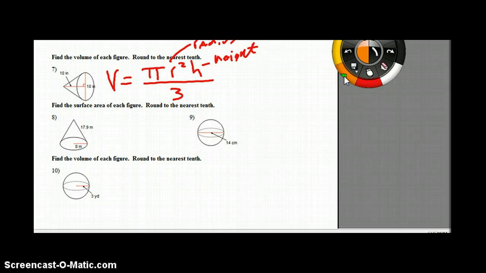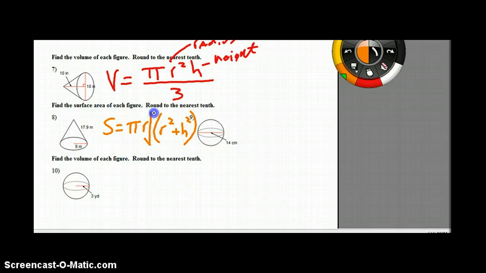Surface area of a cone is equal to pi r times the square root of r squared plus h squared.